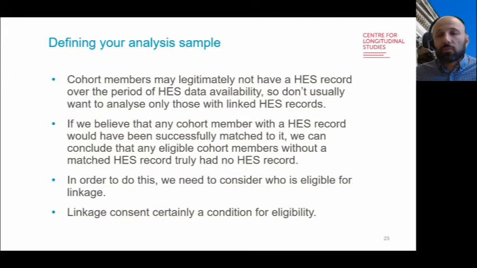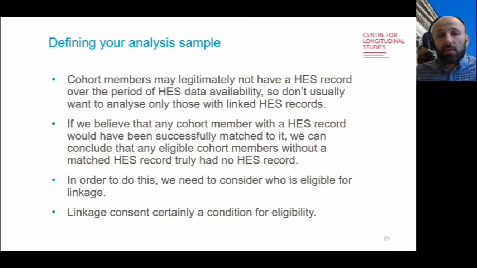And sometimes you might be doing an analysis where you specifically want to constrain your analysis sample to those with successfully linked HES records. But I think in general, you would also want to, if possible, include those cohort members who didn't have a successfully linked HES record, if you thought that lack of a linked record could be meaningfully interpreted as them not having experienced a certain diagnosis for a certain condition.